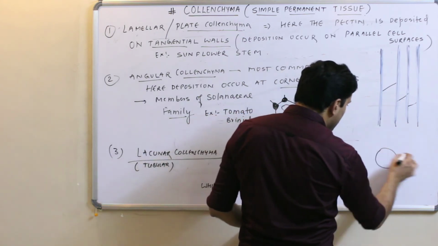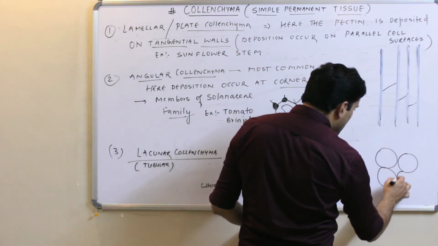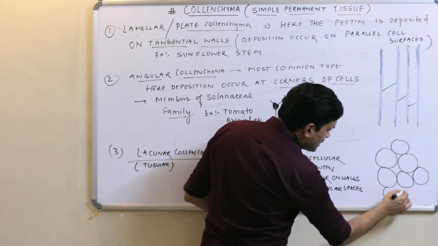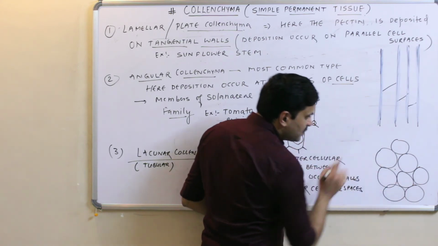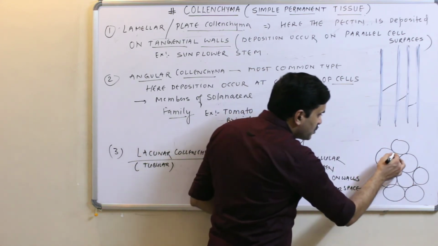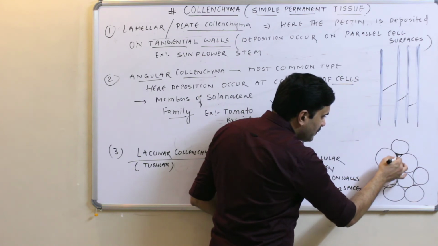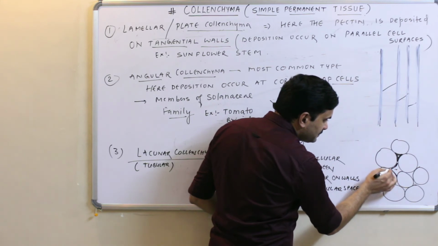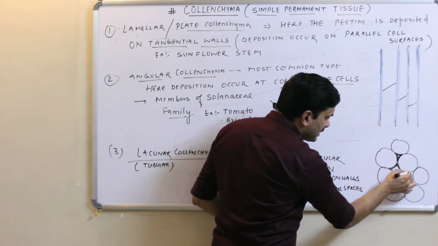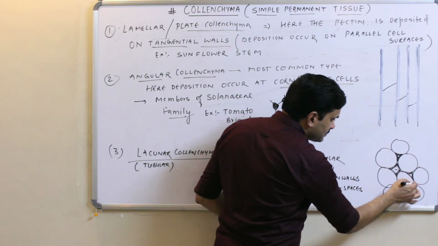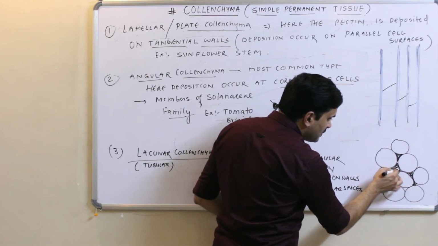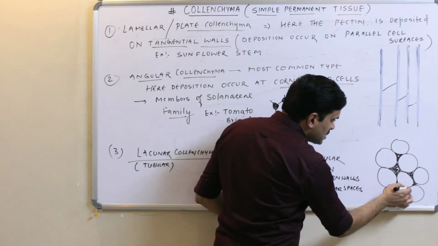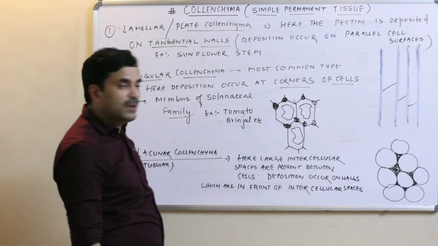Say if these are the cells, and if these are the intercellular spaces, so where will the deposition occur? Deposition will occur on the walls which are in front of intercellular spaces. So this is the intercellular space, so deposition will occur here like this. Deposition occurs in such a way that at the end you will not be able to see the intercellular spaces.